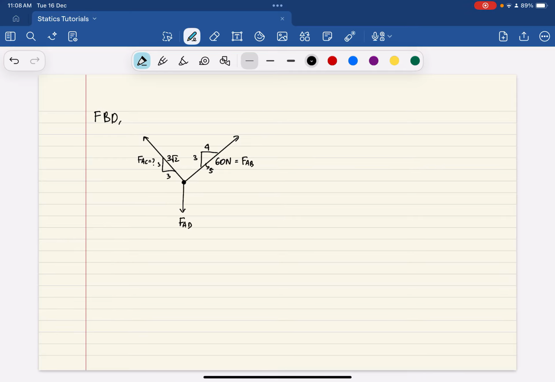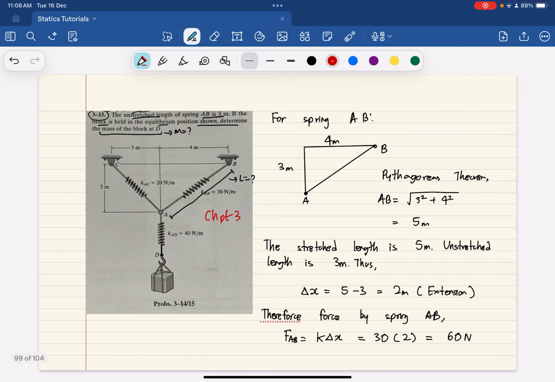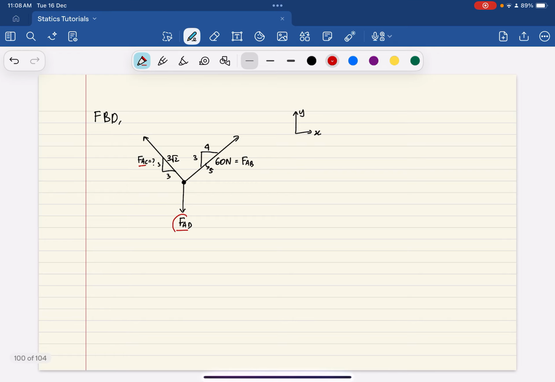FAD. So if we take our direction sense that positive x is going to the right, y is going to the top, then eventually we'll be able to find out FAC and FAD. The question really wanted us to find the mass of the block at D, which is related to this force FAD. We take the summation of Fx equals 0, where x is positive.